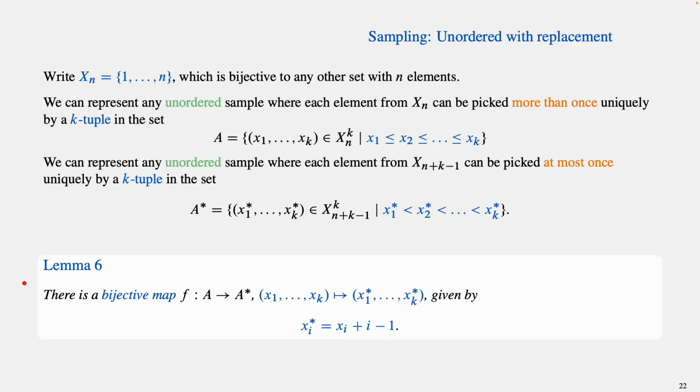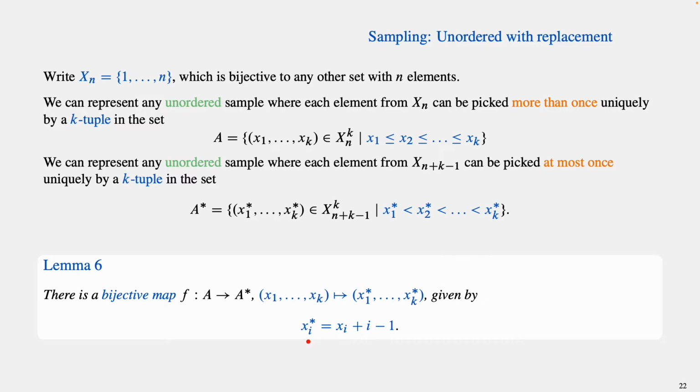Now we have the following lemma. There exists a bijective map F from the set A to the set A star that maps any k-tuple of numbers x1 to xk with this property here to a k-tuple of numbers x1 star to xk star with this property here.